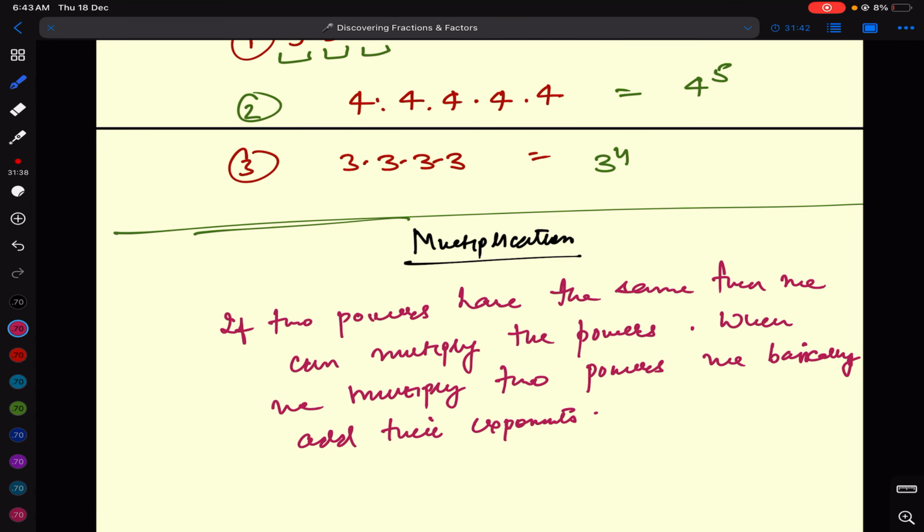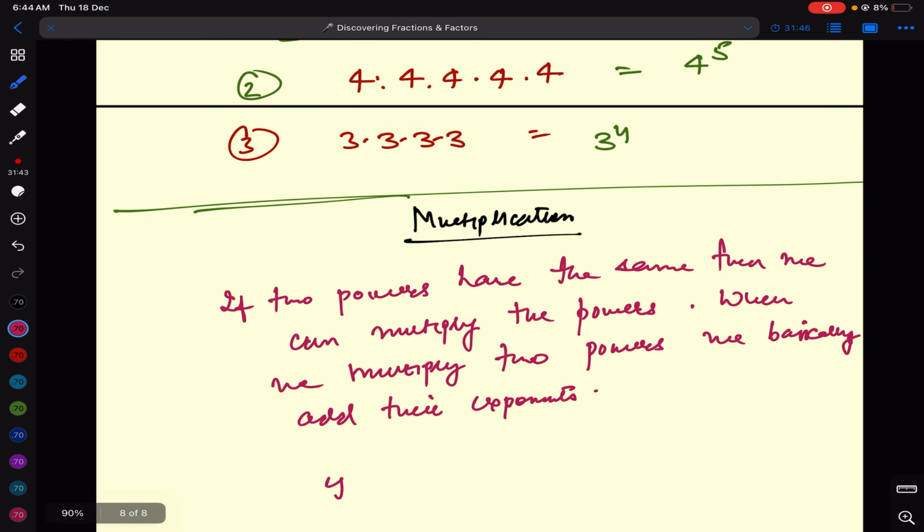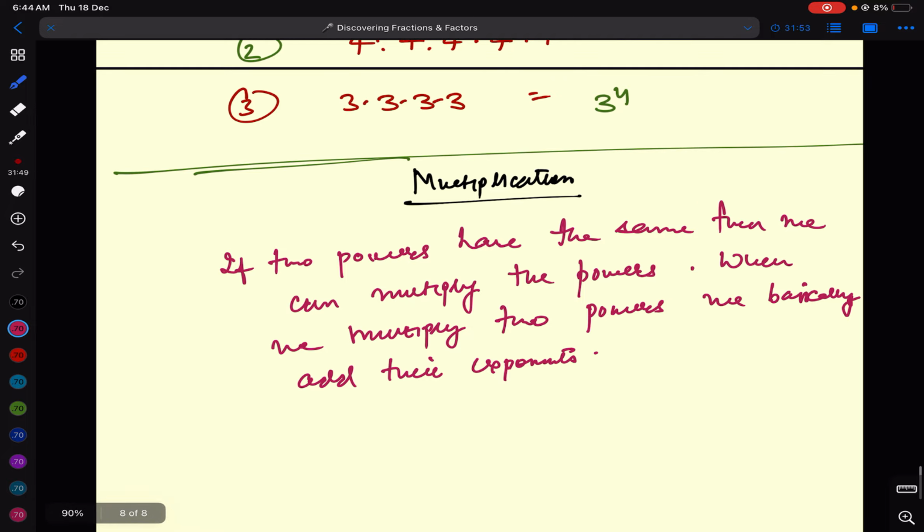For example, let me write it in general form first, then we will see a few examples.